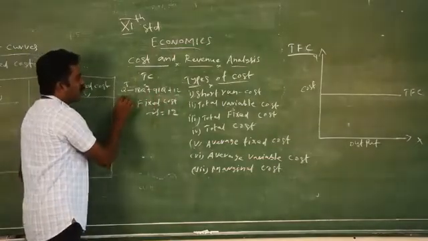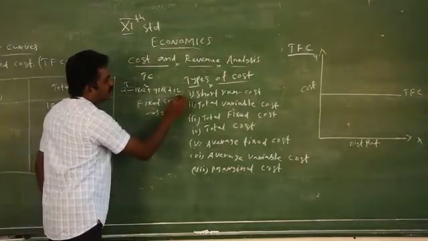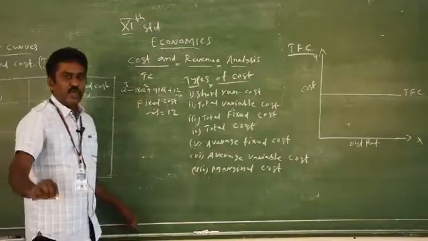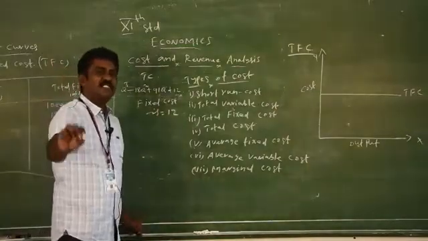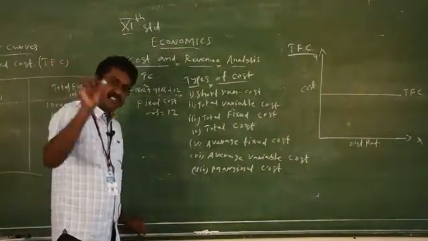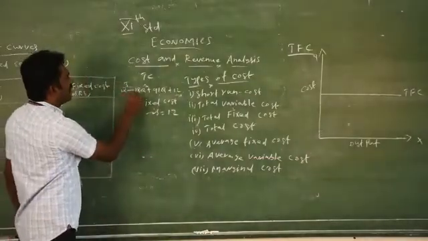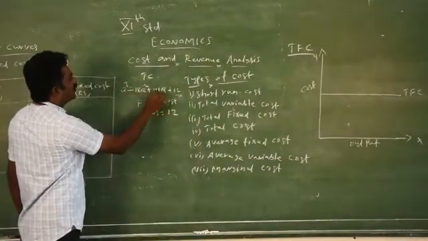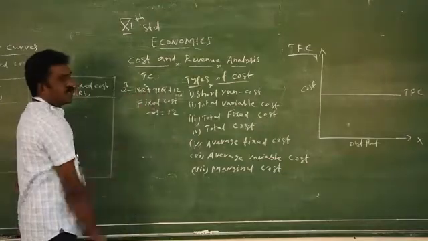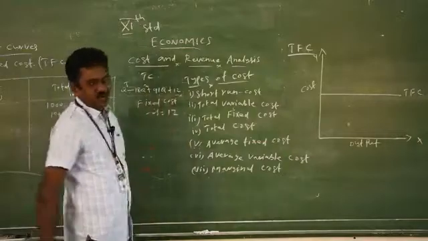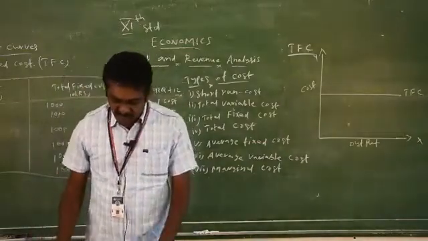Here, the 12 is the total fixed cost. What I told you: total fixed cost plus total variable cost is equal to total cost. Here Q^3 minus 18Q^2 plus 91Q is the total variable cost, while the fixed cost is 12.